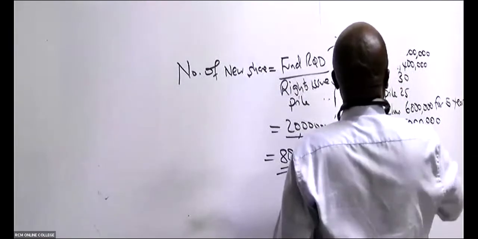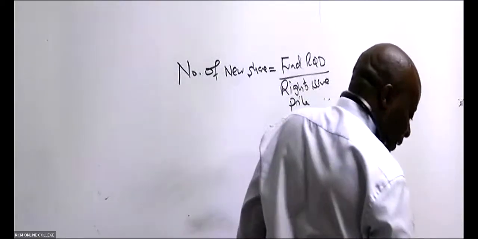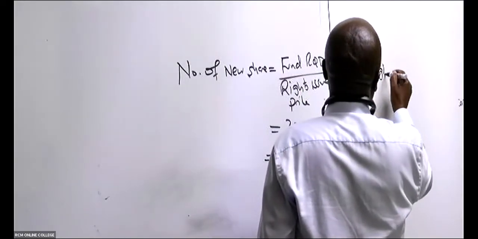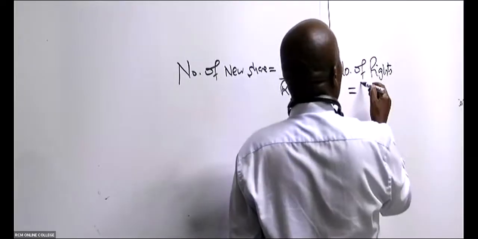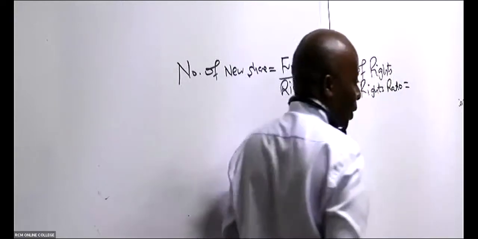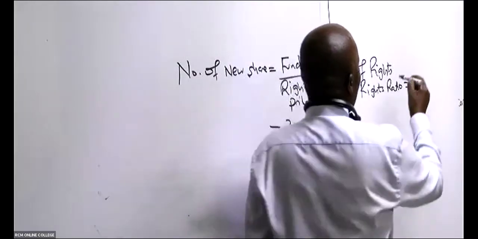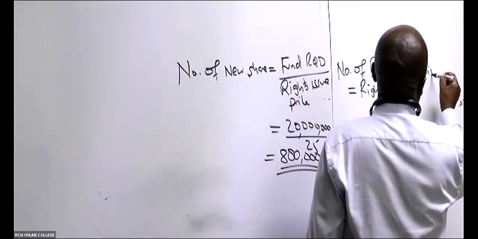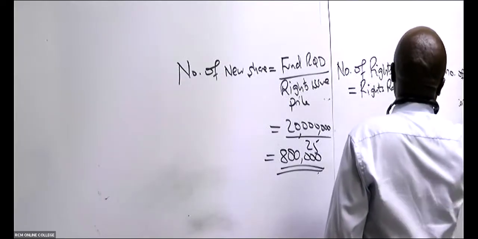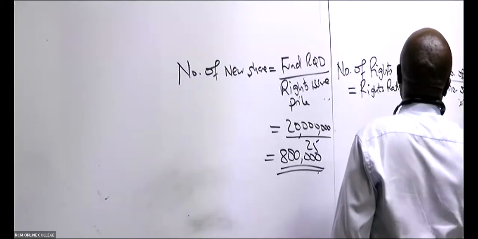How do we get the number of rights? Very easy. Easy peasy. This number of rights, we also call rights ratio. To get the rights ratio, we normally take the existing number of shares, all over the new number of shares.